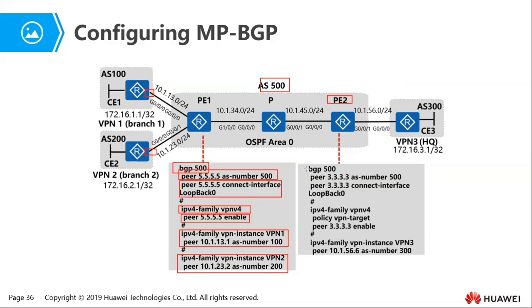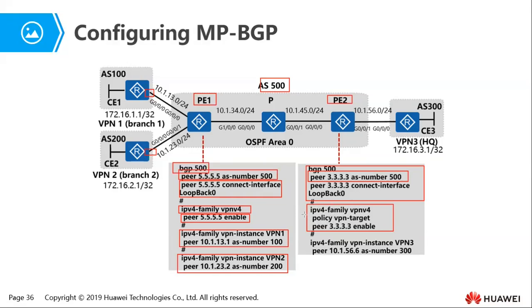Then on PE2, we peer with PE1. So BGP 500, peer 3.3.3.3. This one is 3.3.3.3. After that, we enable the VPNv4 family.